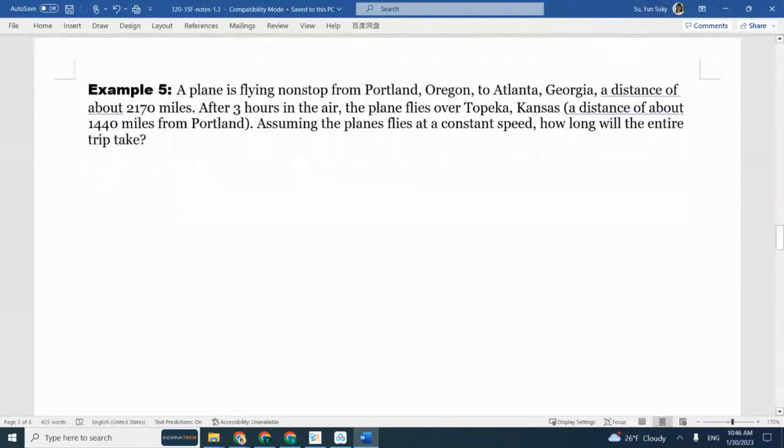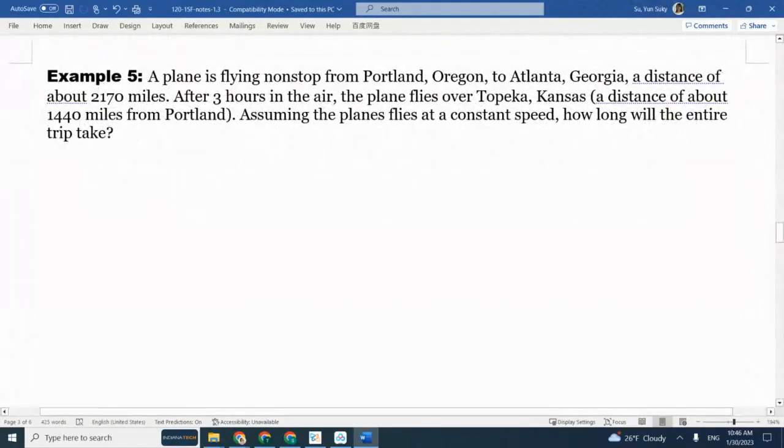Okay. So a plane is flying nonstop from Portland, Oregon to Atlanta, Georgia, a distance of about 2,170 miles. After 3 hours in the air, the plane flies over Topeka, Kansas, a distance of about 1,440 miles from Portland. Assuming the plane flies at constant speed, how long will the entire trip take?